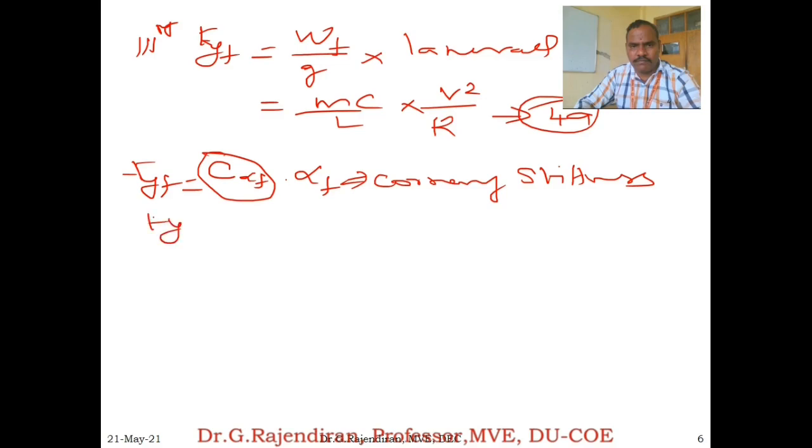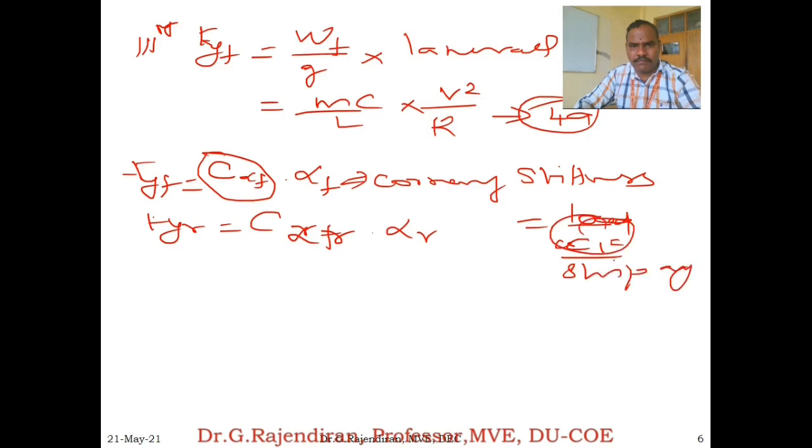Similarly, FYR is equal to C alpha R into alpha R. Cornering stiffness equals cornering force over the slip angle. This cornering force equals stiffness into slip angle. So you can take it as equation number 5.